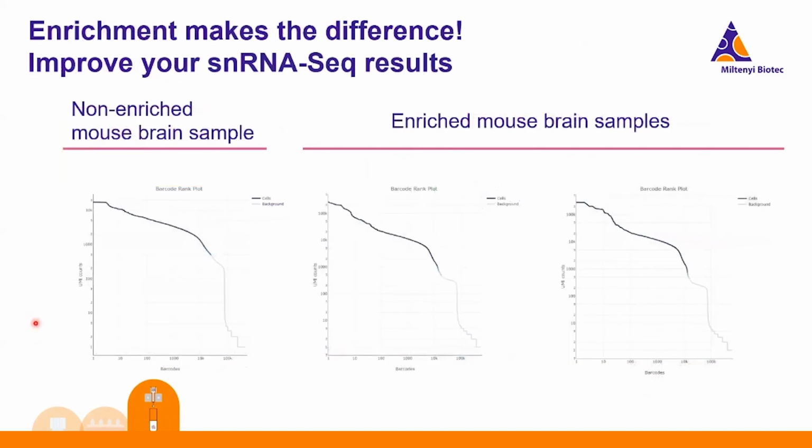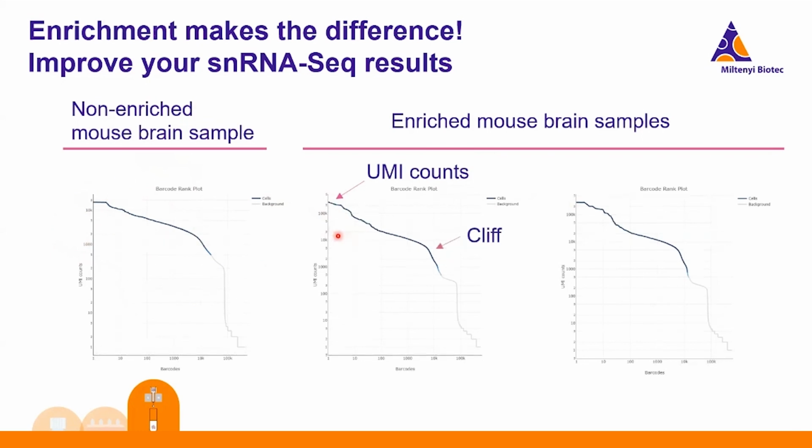How does it impact your sequencing? Having a really clean sample which you feed into the NGS workflow. So if you're looking at these barcode rank plots, first of all, the UMI counts, it's not very obvious, but it's one order of magnitude higher in comparison to the non-enriched mouse brain sample.